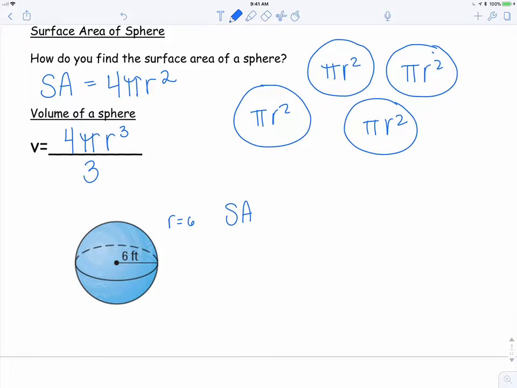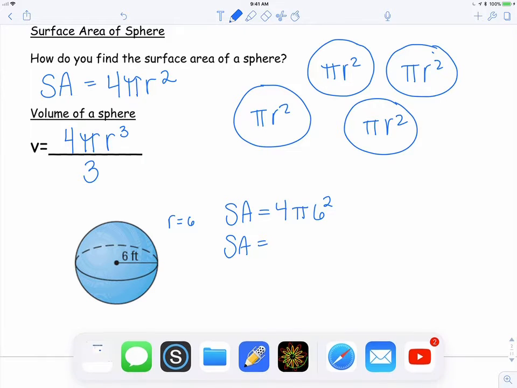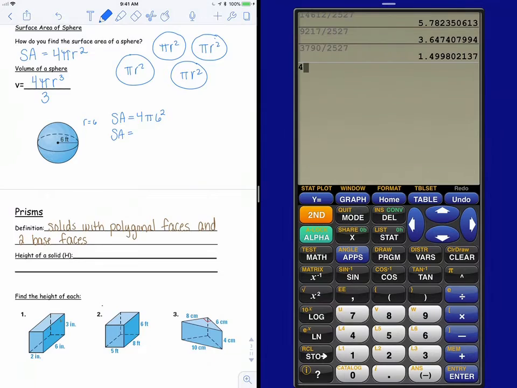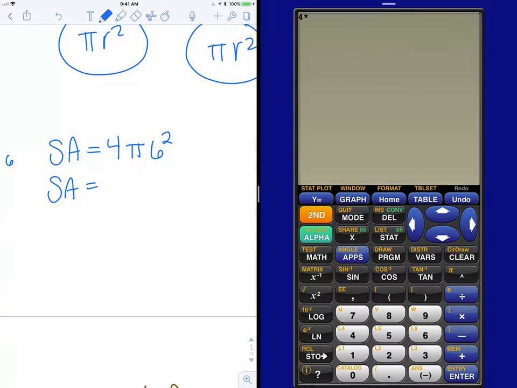So the surface area is 4 times pi times the radius squared. Radius is 6, so I'll put a 6 in place of radius. All right, go ahead and put this in your calculator. So let me show you, if you don't remember, where that pi key is at. So we would do 4 times, the pi key is right above that division sign, but it's yellow on mine, so I have to press the second key.